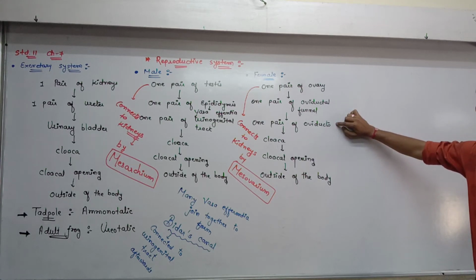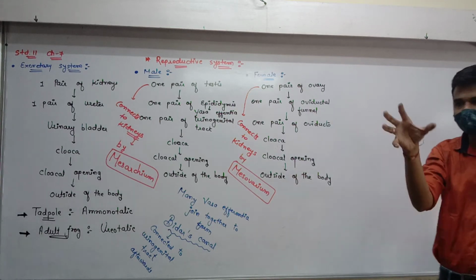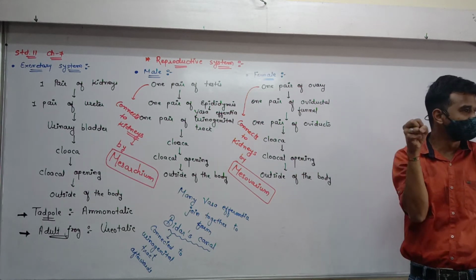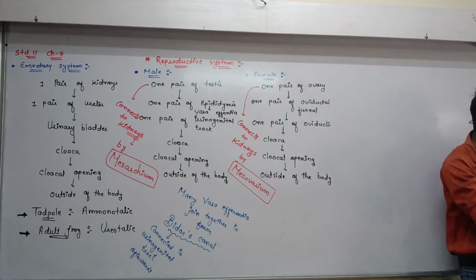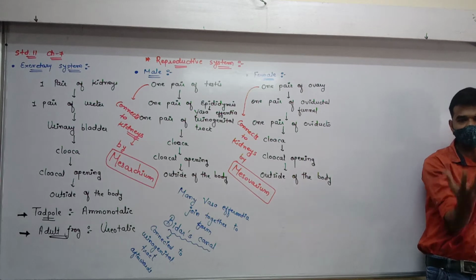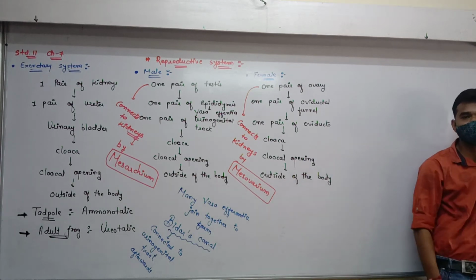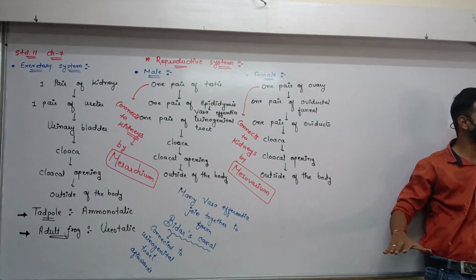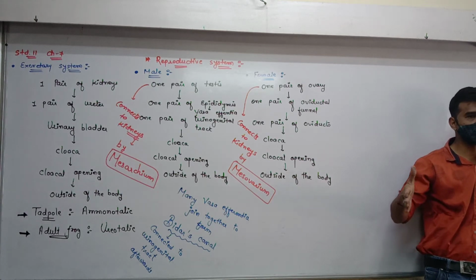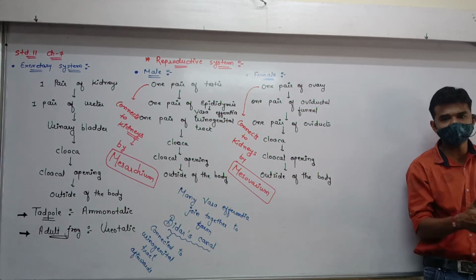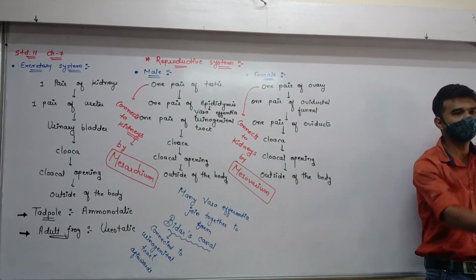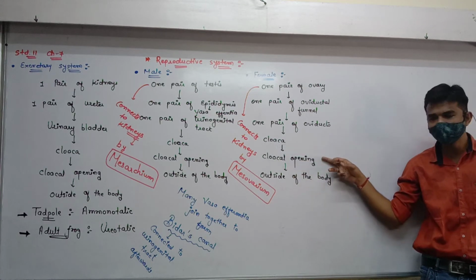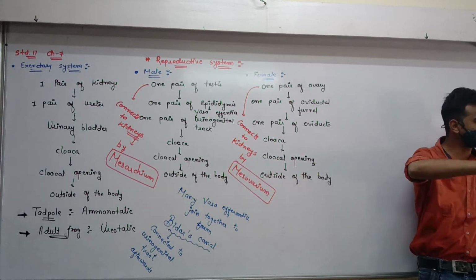Then in the oviduct, it takes much more time, so they become mature. The oviductal funnel receives the immature ova, but the bag at the end of the oviduct receives the mature ova. After completion of copulation, that bag contracts and releases the mature ova into the cloaca, and then through the cloacal opening they come outside of the body.